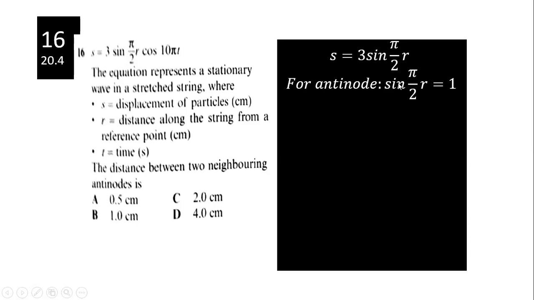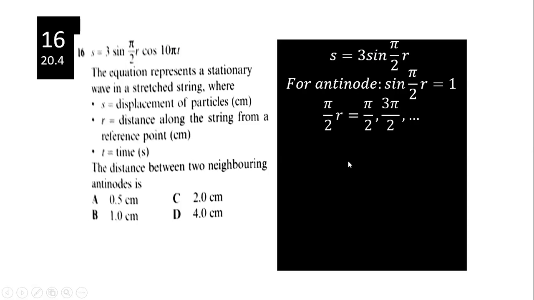Then for antinode, you want that equation to be 1. So when this is 1, you want it to be sine 90, or sine 270, pi over 2.